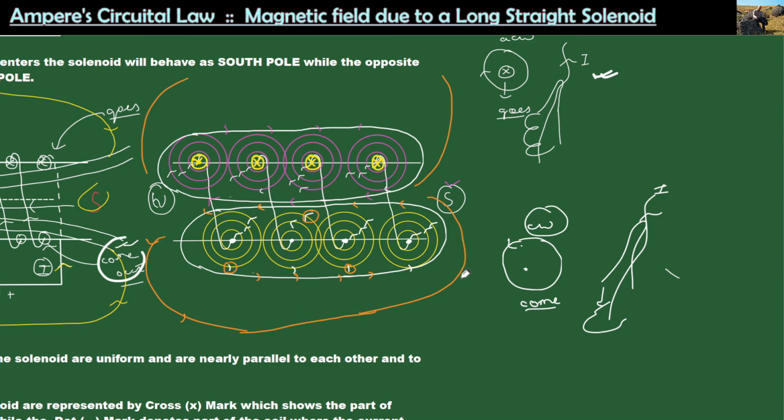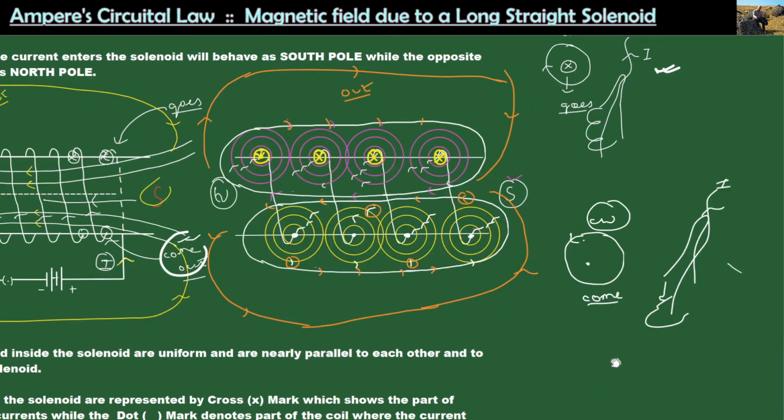It goes to the south pole. See, this is the direction. From here also, it moves from the north pole. It comes from the north pole and goes to the south pole for the region outside. And for the region inside, it goes from the south pole to the north pole.